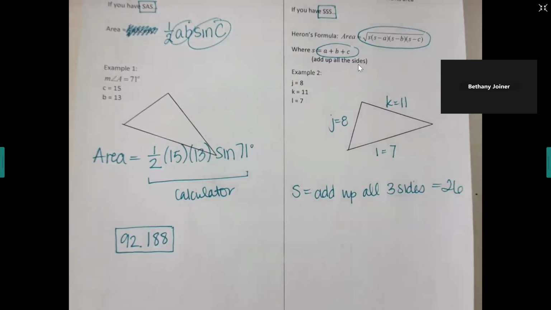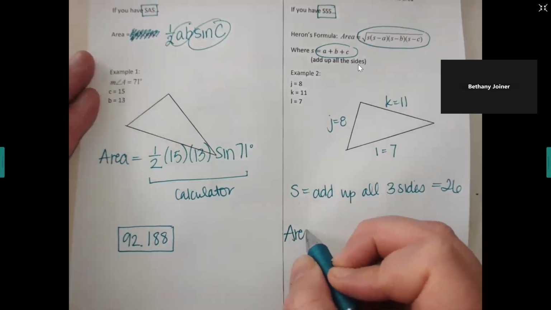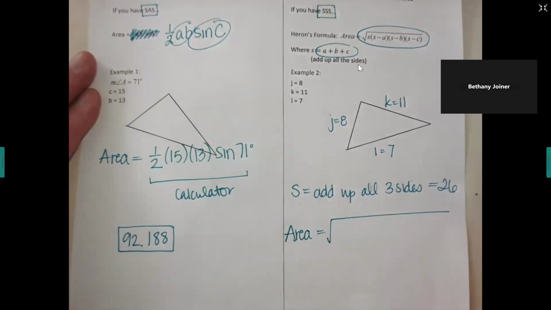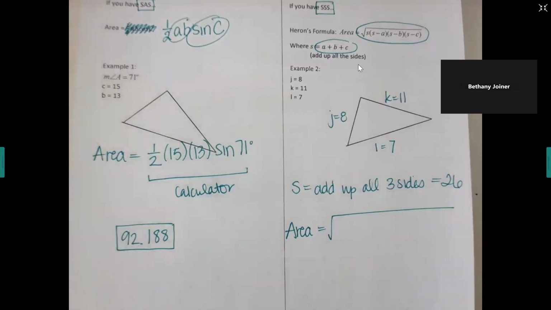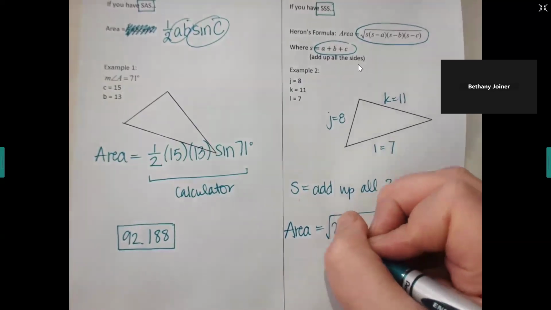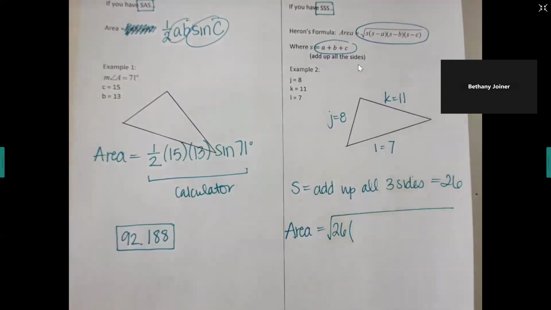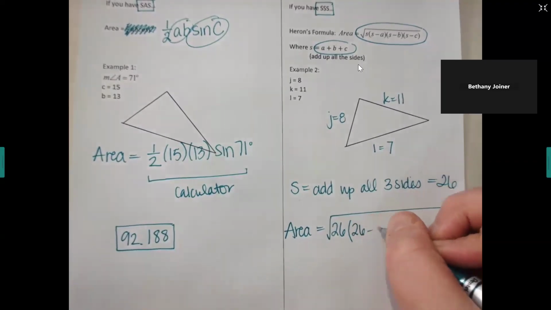This formula looks ugly, but you're just putting it in the calculator. So look right here, we have a big square root. So I'm gonna put area equals big square root. The first thing we're gonna put is our s number. What's our s number we just found? 26. Parentheses. Then I'm gonna do s minus a, which is gonna be 26 minus the first side. So we'll do 26 minus 8.